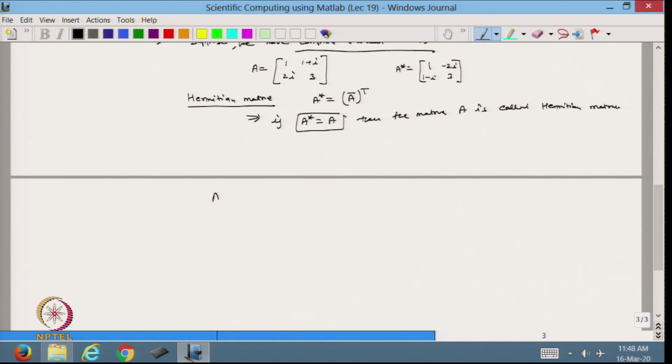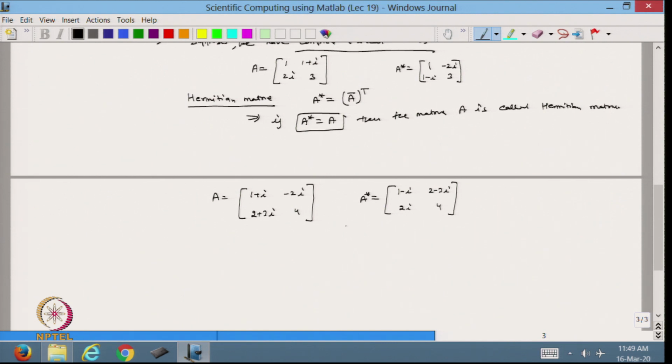For example, I have A. So, suppose I take here 1, plus i, minus 2i, 2 plus 3i, and 4. Now, if I want to define A star, so A star will be 1 minus i, 2 minus 3i, 2i, 4.